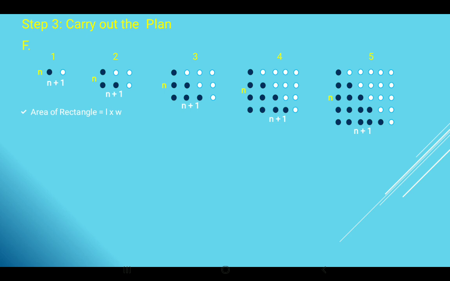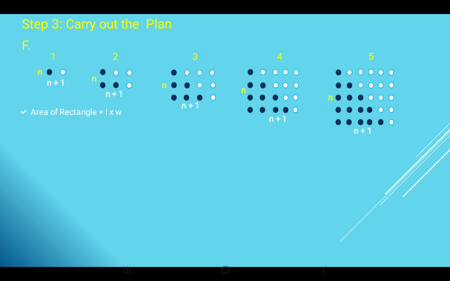So, in the second term, yung n natin kanina is dalawang blue dots. Kung titignan natin sa length niya, meron pa rin dalawang blue dots plus isang white dot. Kaya naging n plus 1. Sa third term naman, ganun pa rin. We have 3 blue dots na nag-represent sa n. Pagdating sa length, meron pa rin 3 blue dots plus isang white dot. So, nag-equal siya sa n plus 1.